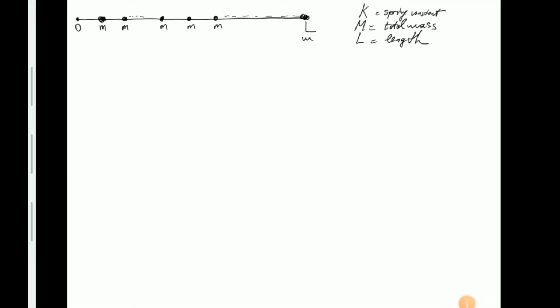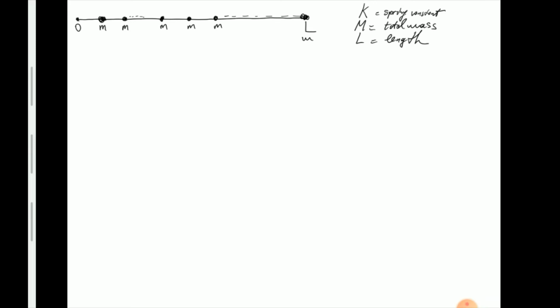All right, so take a moment to write this down and keep in mind the main quantities relevant to the wire. So we have the length big L, we have the total mass M of the whole wire or string, and K is the spring constant for the whole string.